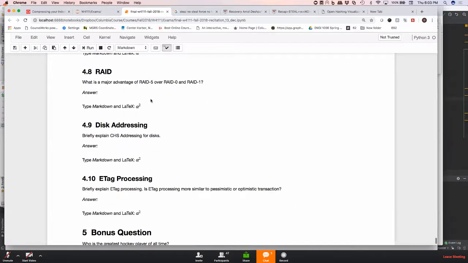Disk addressing. Briefly explain CHS addressing for disks. Also, back to your question about RAID, like what's the overhead? Clearly, we all now understand the concept. If I need to know the exact overhead, I say, Google, dear Google, what is the overhead of the various RAID technologies?